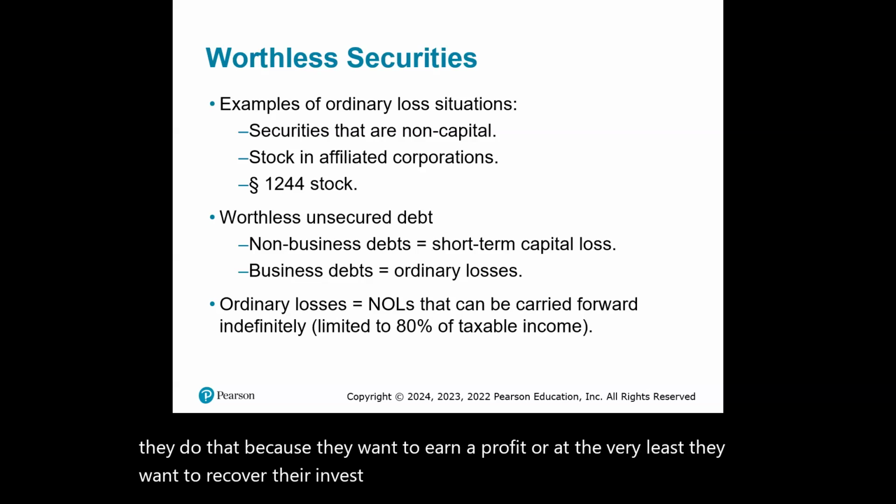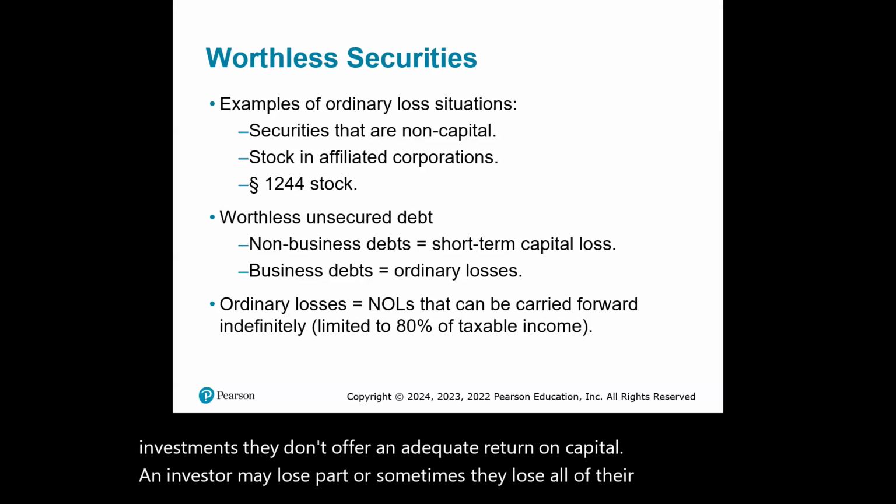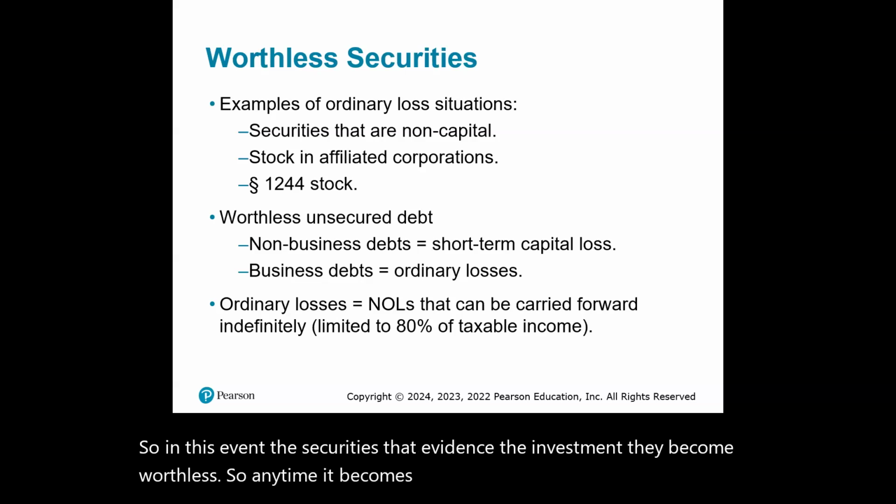Unfortunately, some investments don't offer an adequate return on capital. An investor may lose part, or sometimes all, of their investment. In this event, the securities that evidence the investment become worthless. Anytime that happens, there are tax consequences of such stock.